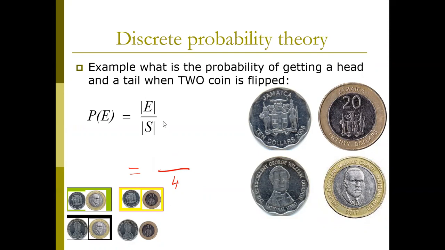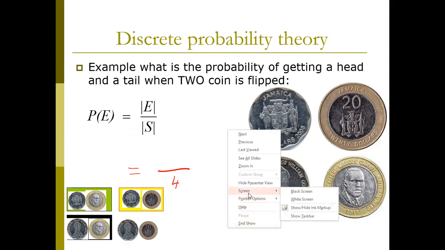Now, what is the event? The event is getting a head and a tail. So let's count how many heads and tails we have in the possibilities. We have 2 possibilities of getting a head and a tail, so our event is going to be 2.